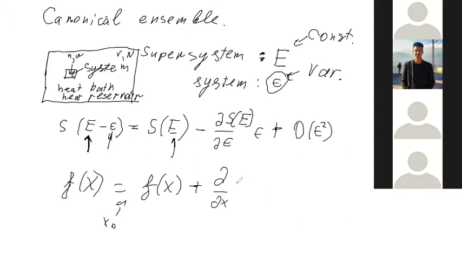Now I'm putting here variable r, which is equal to x minus x naught.